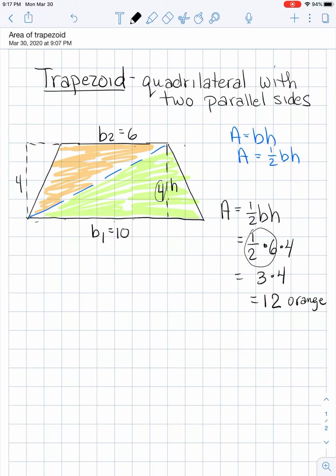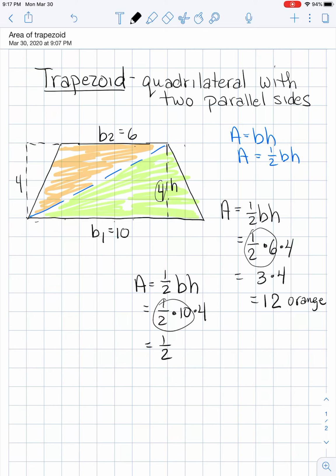Now, the area of the green one is also equal to 1/2 base times height. Only now we have 1/2 times the base, which is 10, times the height, which again is 4.